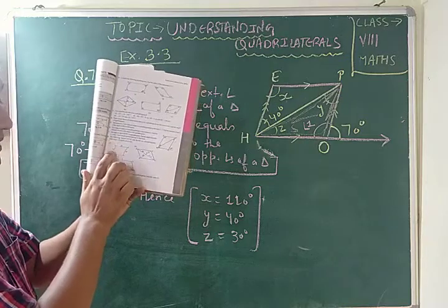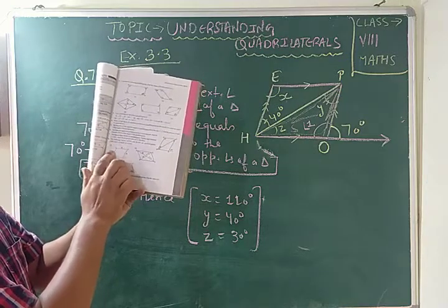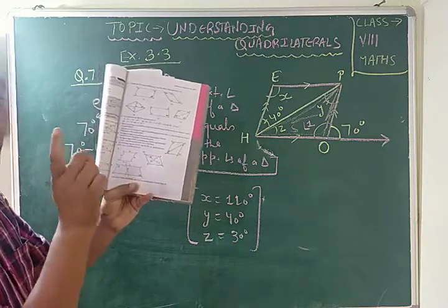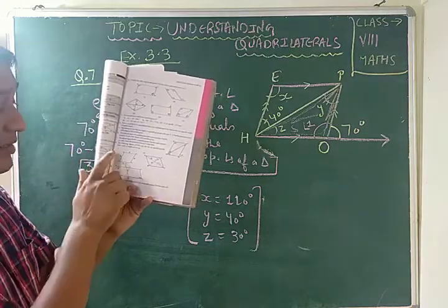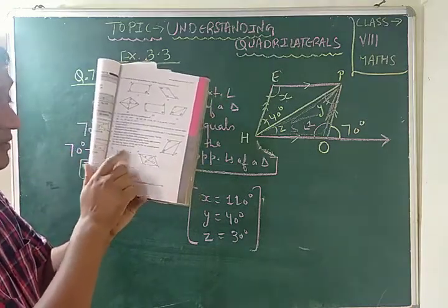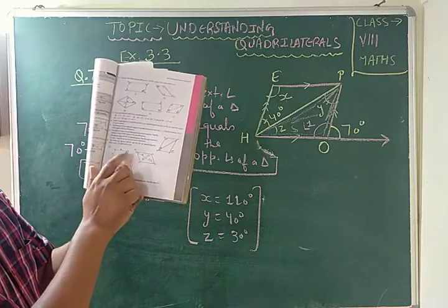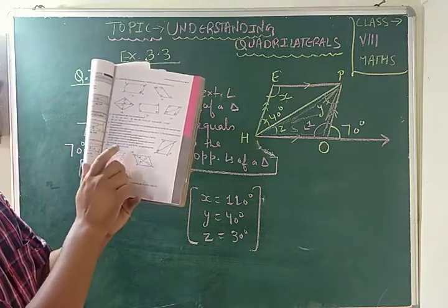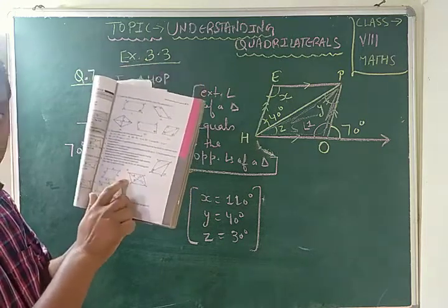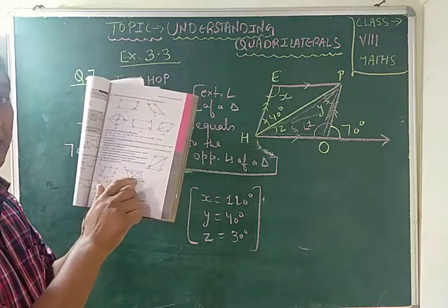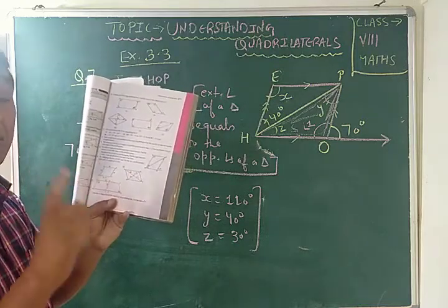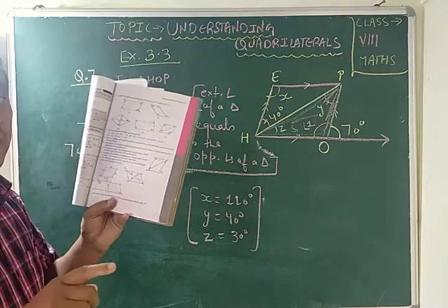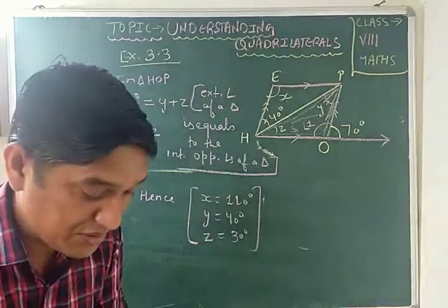But these x and y are the lengths of the parallelogram. In question number 8, we are not going to find the angles, we are going to find the lengths. So children, always remember, either we have to find the angles or the sides. We must follow all the properties of parallelograms. Now let us start question number 8.